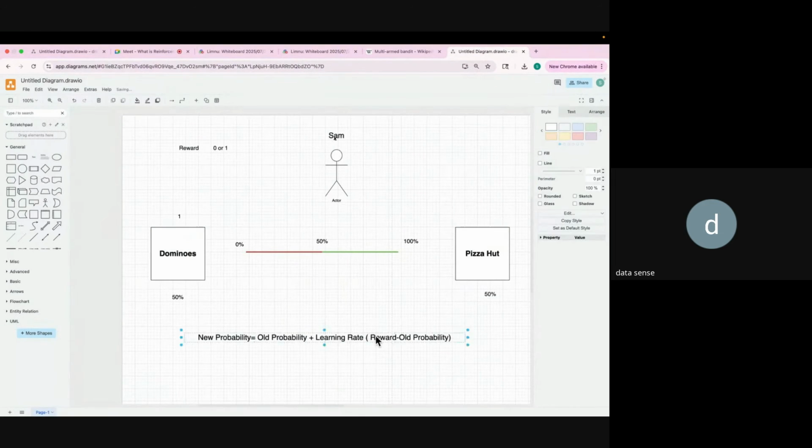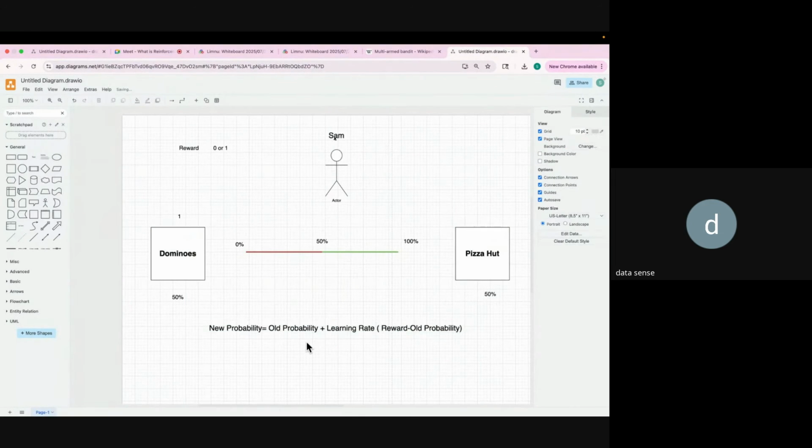So this is the formula. It says new probability is equal to old probability, that is 50%, plus learning rate multiplied by reward minus old probability. Let's try to understand this a little bit.